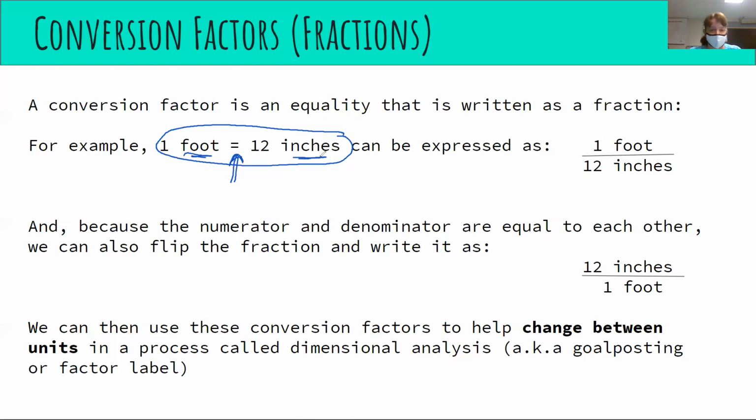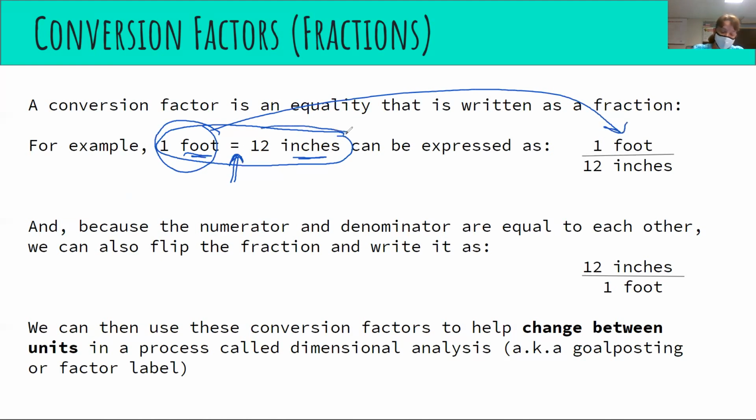Because we're going to do fraction math, we need to set up our equalities as fractions. And here's how it works with the conversion factor. Whenever you have 2 things on either side of an equal sign and we're doing a conversion, all you do is take one side of the equal sign and write it on top of the fraction line.